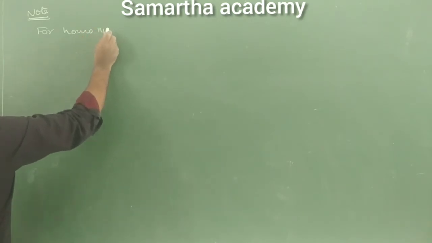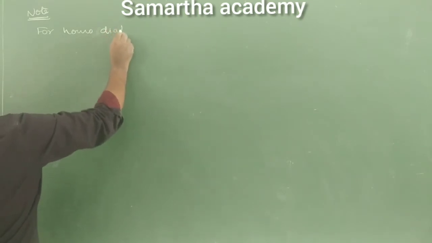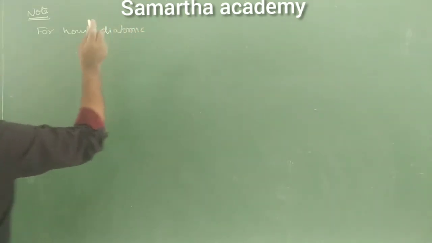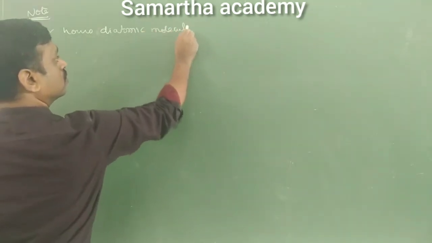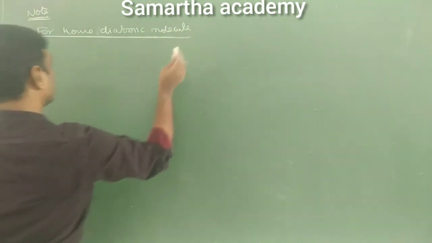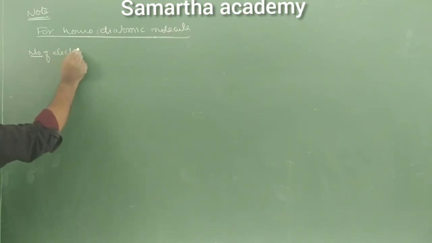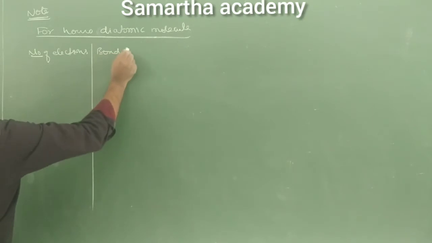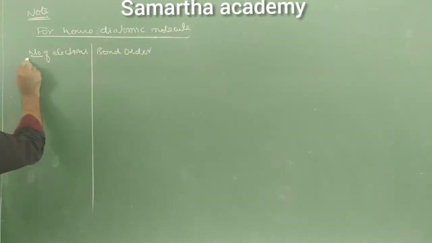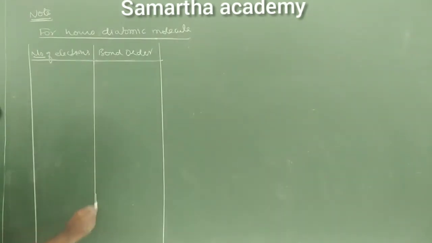In the first column take the number of electrons and then bond order. If you know the number of electrons, it is possible to identify the bond order very easily.